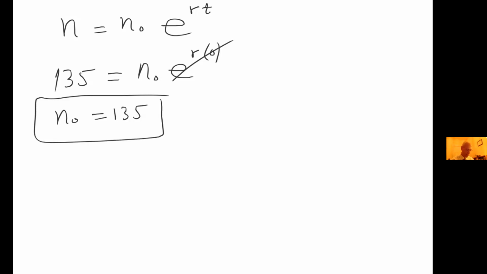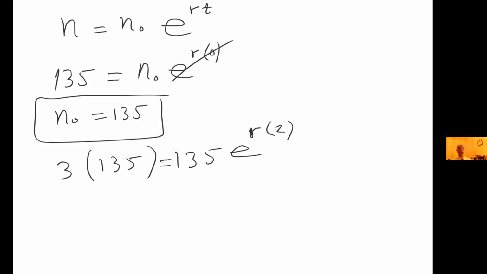Okay. So now, in order for me to find out what the rate is, I know that the problem says that it triples. So 3 times 135, which was what we had initially, equals 135 e to the power of the rate that I'm trying to solve for times time, which was 2 hours, when it tripled.